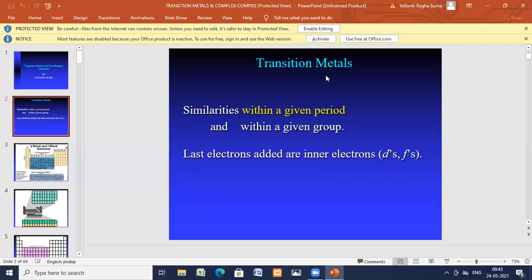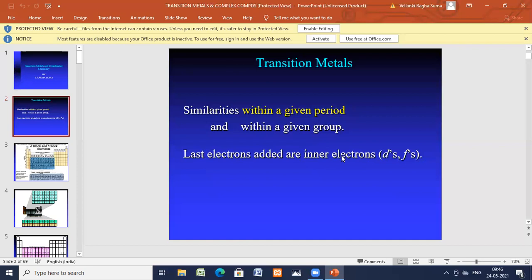Why do you call them the transition elements? Because these exhibit transition properties. Here, in between the s block and the p block, these are arranged and have transition properties, with similarities within a given period and within a given group. The last electrons added are the inner electrons, and the outermost valence electrons enter into the d orbital.